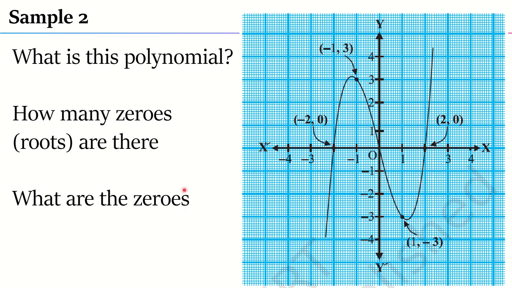Now what are the zeros? Here (-2, 0), we consider only -2. The other point which intersects is the origin, (0, 0), so the second zero is also 0. And the third point is (2, 0), where the value 2 is considered. So we have 3 zeros: -2, 0, and 2.